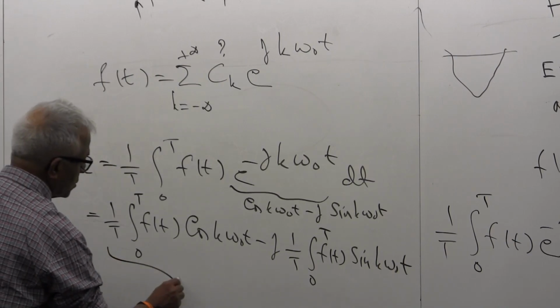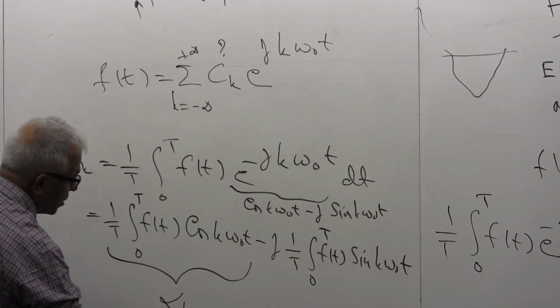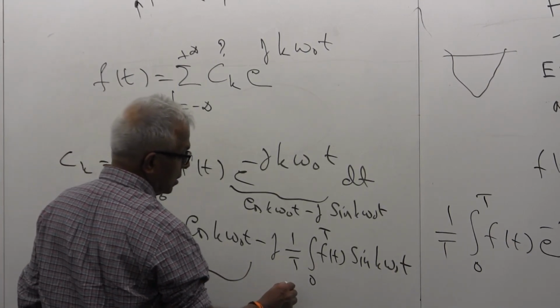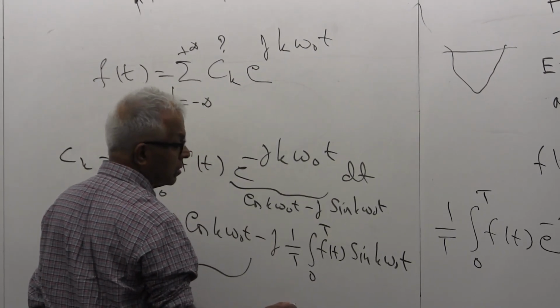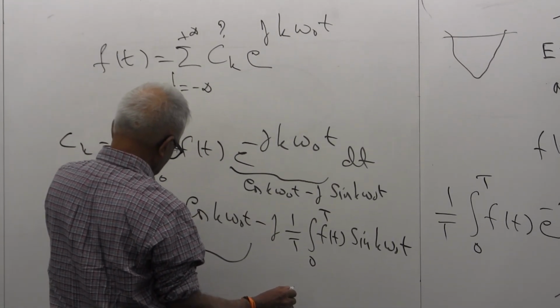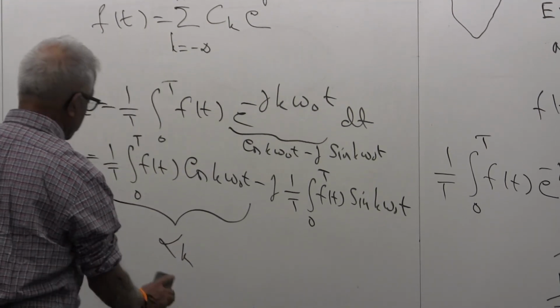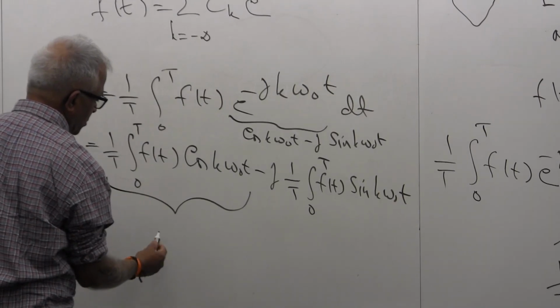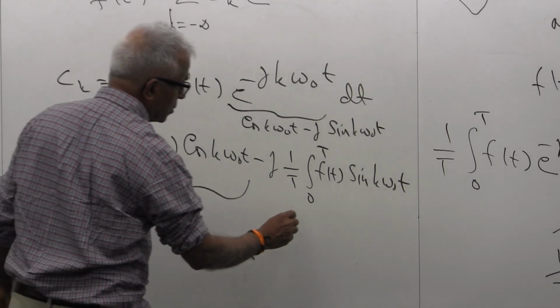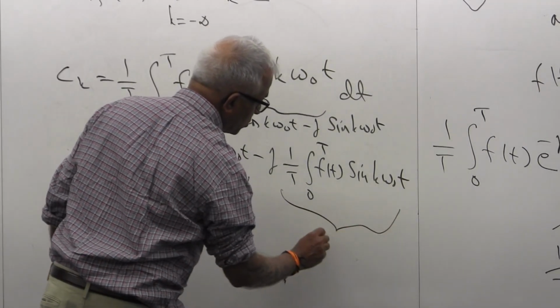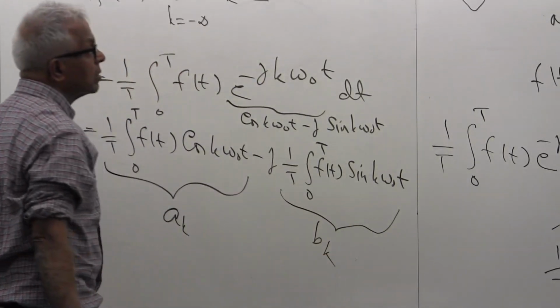So this, look at here, I'm going to call this alpha k following the notes, maybe ak, right? I don't remember, but it doesn't matter. And this I'm going to call bk.